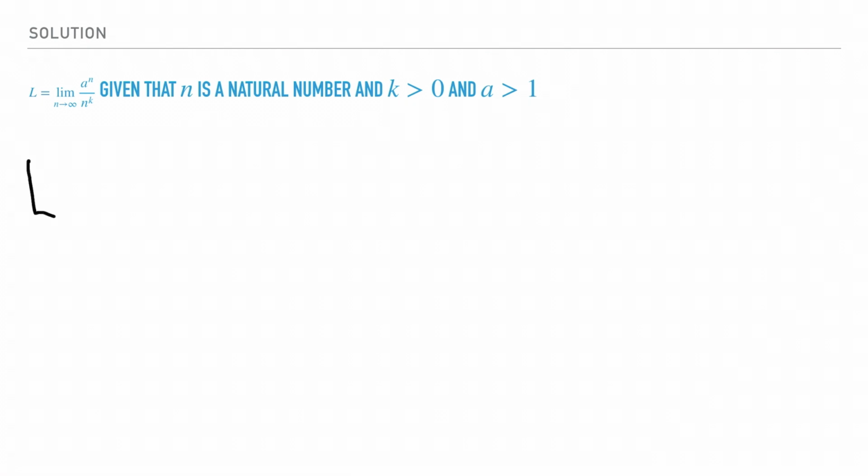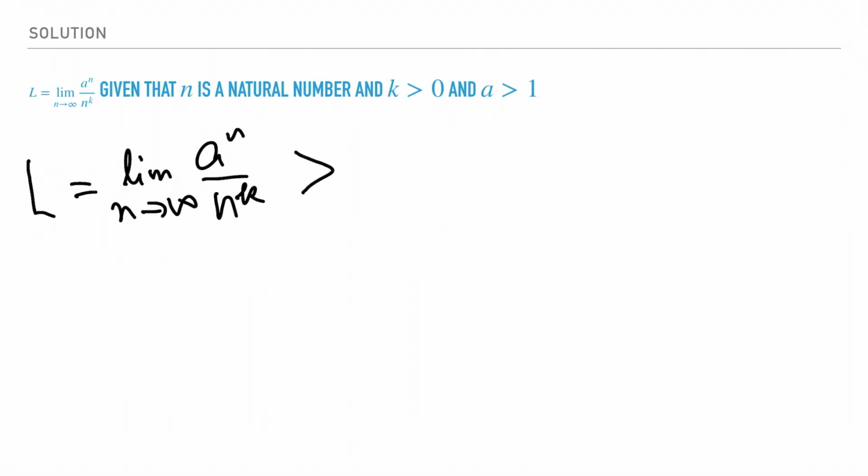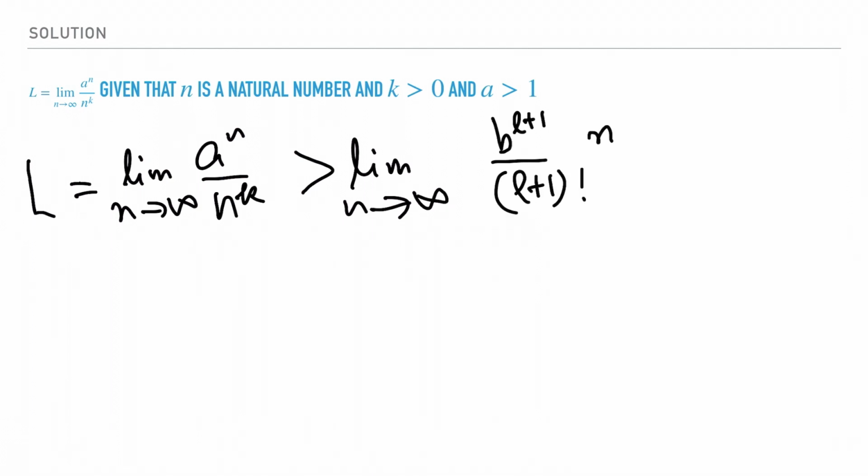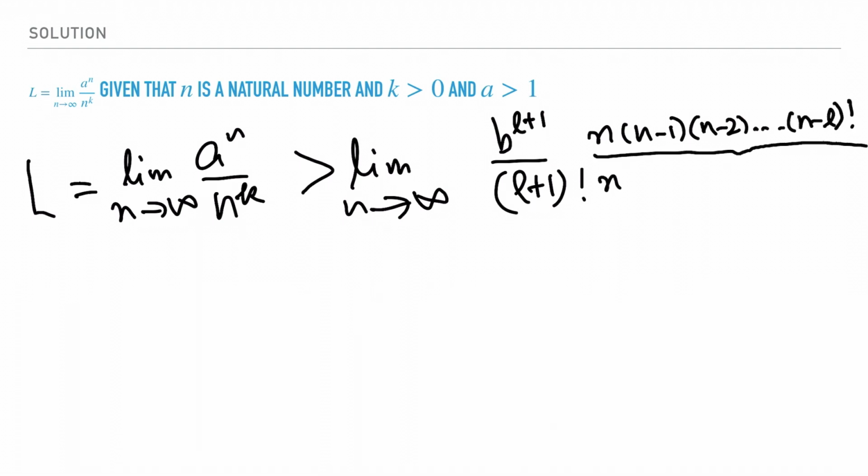Let me write that again: the numerator is this, and the denominator is this.